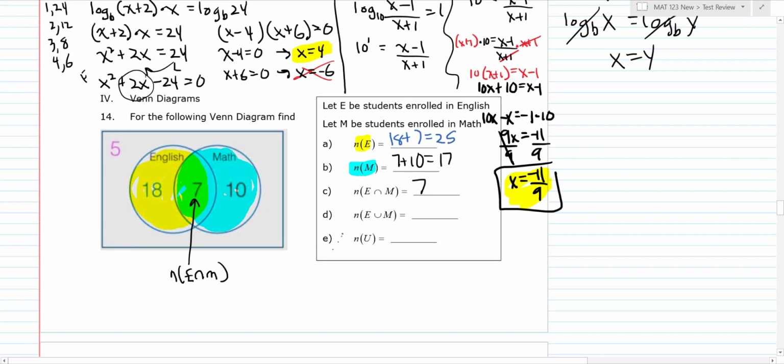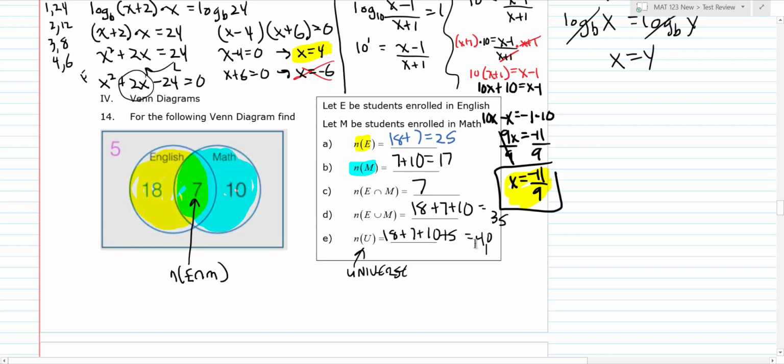And then the union is all of this together. So the union would be 18 plus 7 plus 10, so that would be 25, that would be 35 then. And then this is the universe. It would just be all those numbers added together. So the universe would be 18 plus 7 plus 10 plus 5. So that ends up being 40.